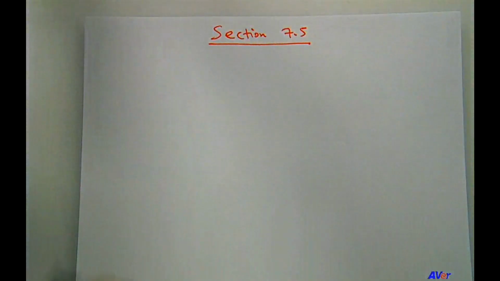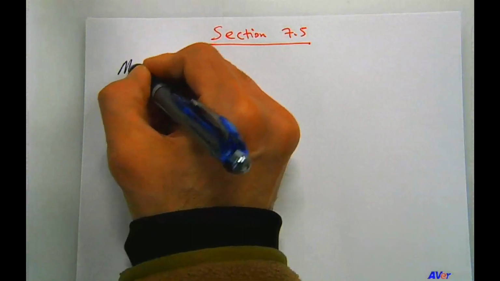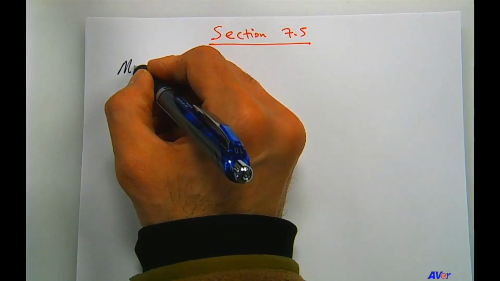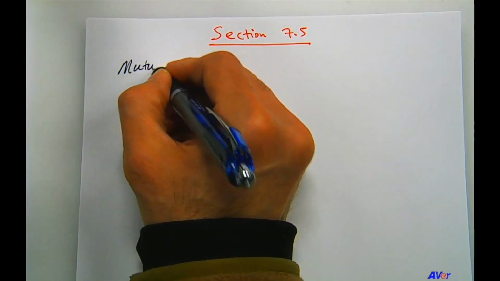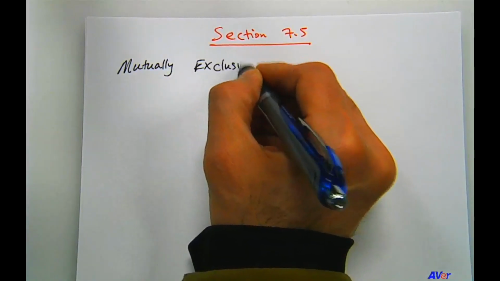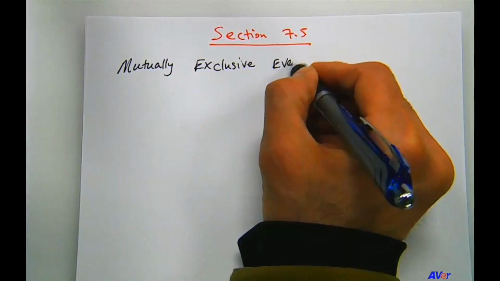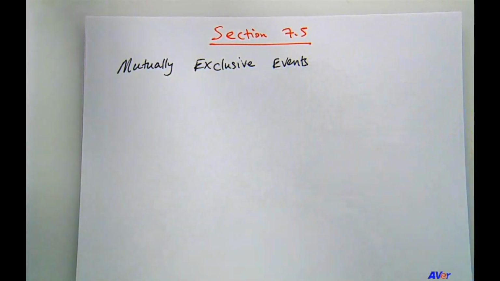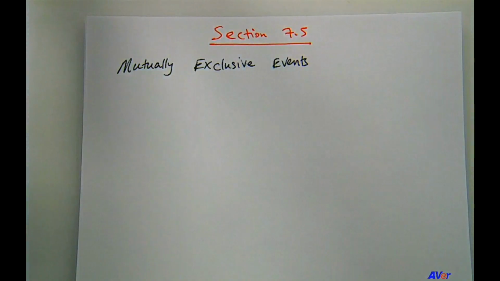Okay, one of those first important topics is the concept of mutually exclusive events. Remember when we first mentioned the Venn diagrams, we said that mutually exclusive events can be shown in a Venn diagram, and mutually exclusive events are dependent events.